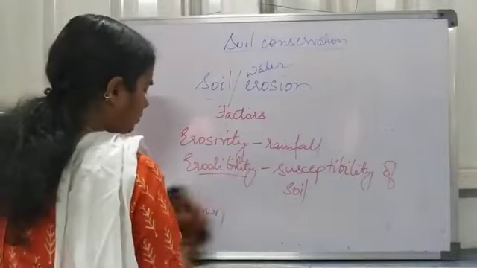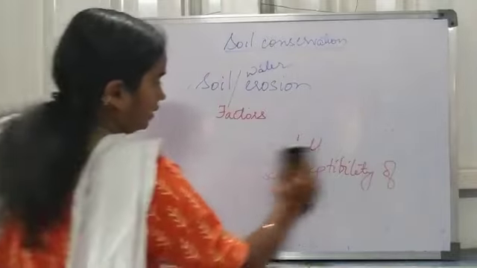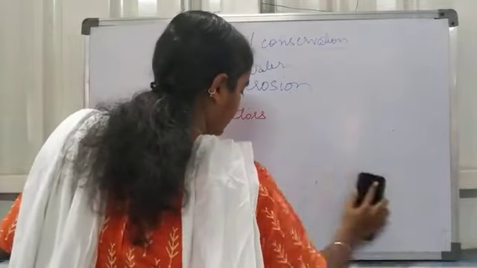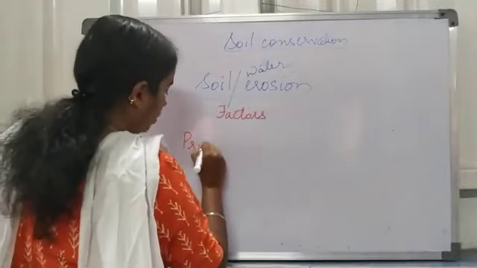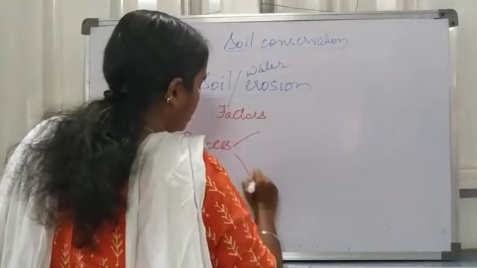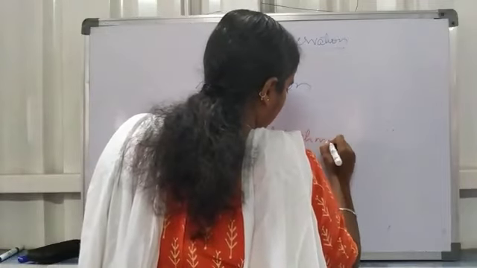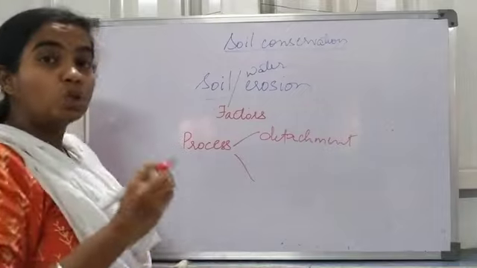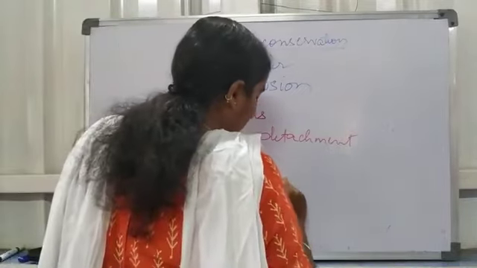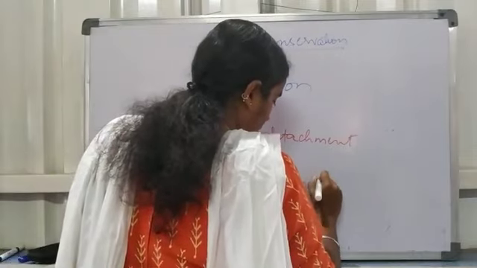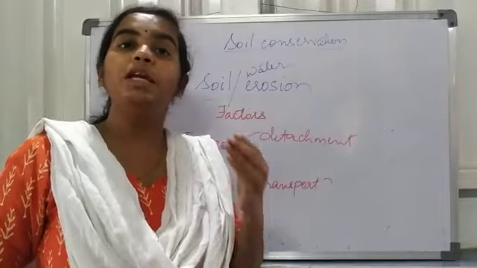Now, let me explain how this erosion takes place. The process of erosion has detachment, which is the detachment of individual soil particles, and the next one is transportation, which is the transportation of that detached particle from one place to another.